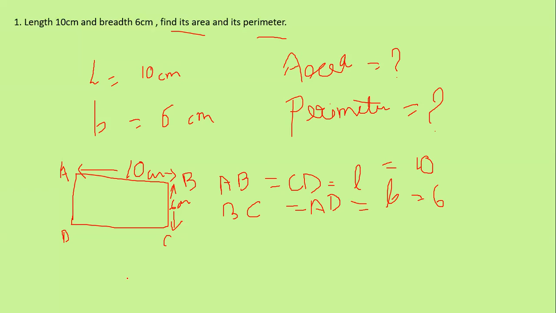What is the formula we know? Perimeter, considered as P, is equal to L plus B plus L plus B. We even derived the formula in our previous video, but I'm deriving it here too so that it becomes easier for you to follow.